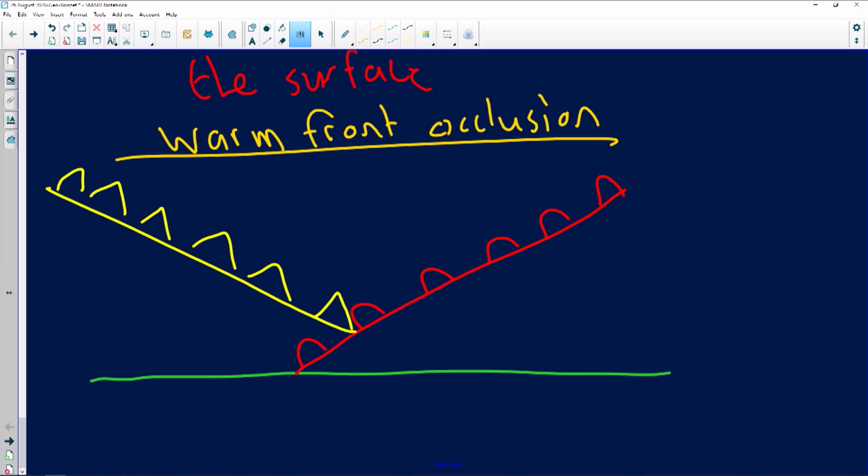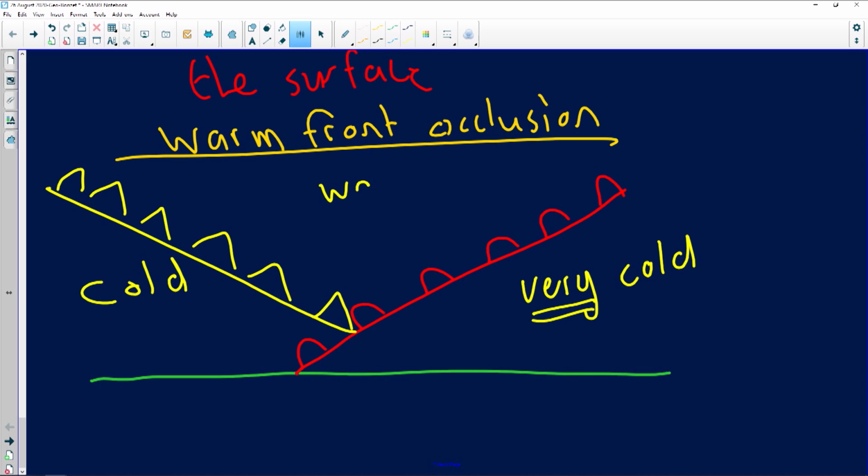Okay. Now, with a warm front occlusion, the warm front attaches itself to the surface, as you can see on my diagram. The reason for it, because the air in front of the warm front, as you can see, I'm saying it's very cold. It's colder than the air behind the cold front. All the warm air has been displaced.